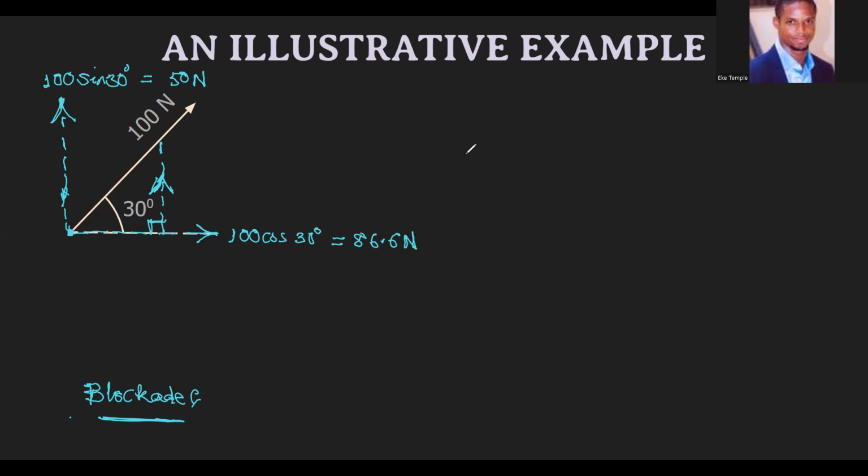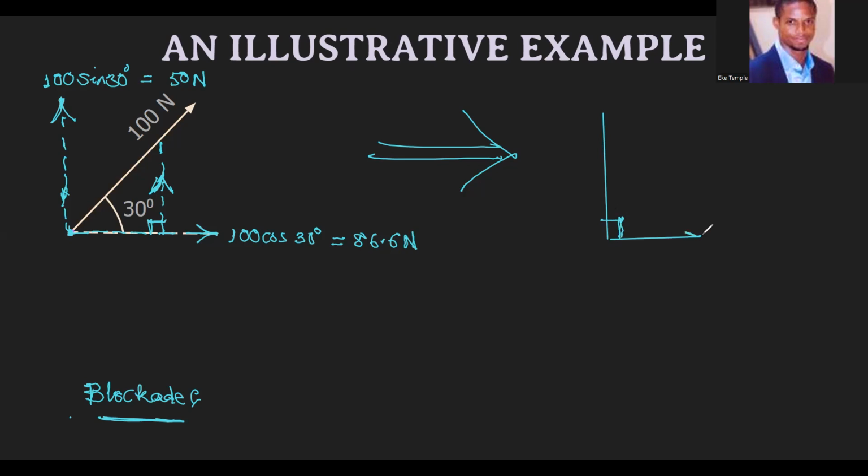Now we can show that this original drawing is now equivalent to the components. So we have the vertical component, of course, and the horizontal component at right angles to each other. That's right.